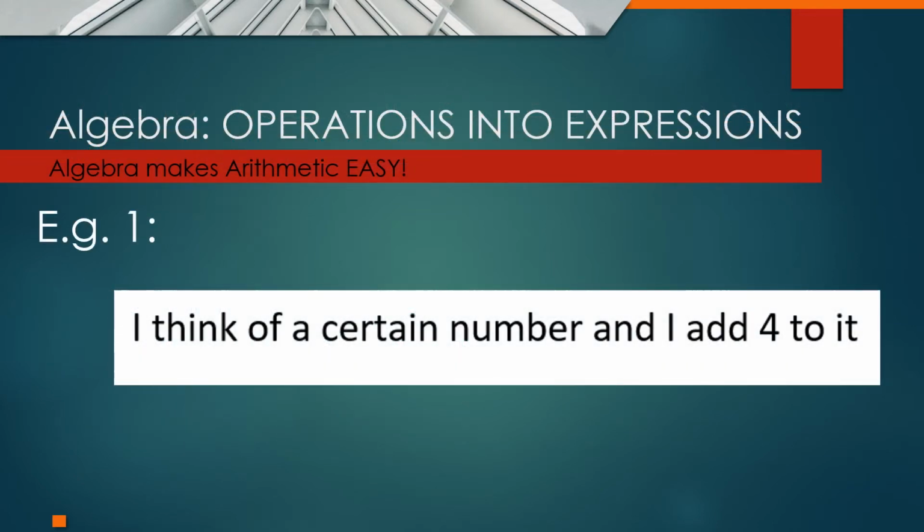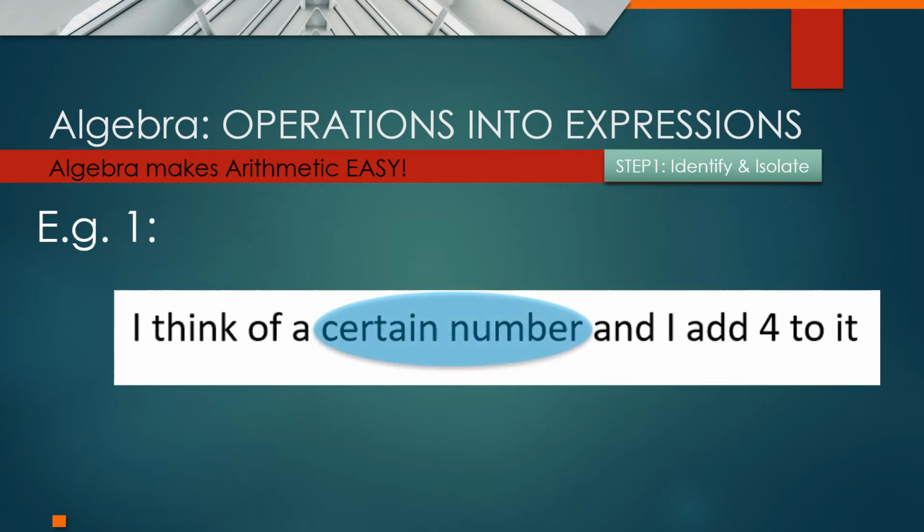Let's read our first example. I think of a certain number and I add 4 to it. Our first step is to identify and isolate. Certain number is a key mathematical word. Also, add is a key mathematical word. Next step, we have to replace and symbolize.